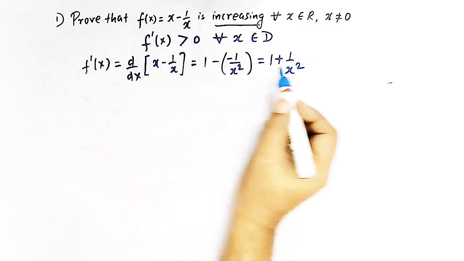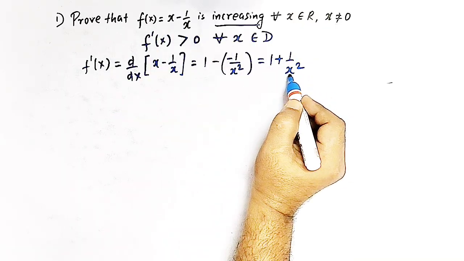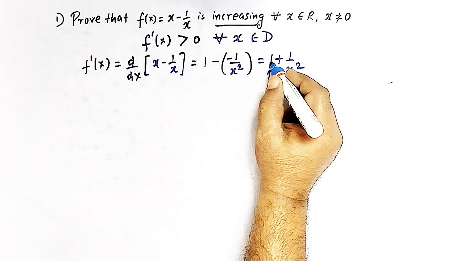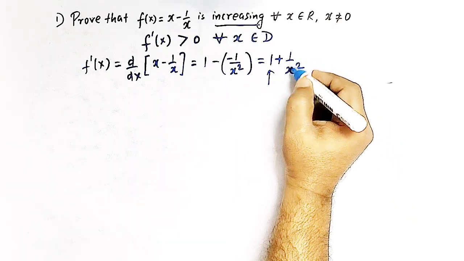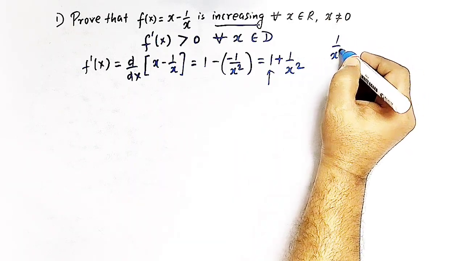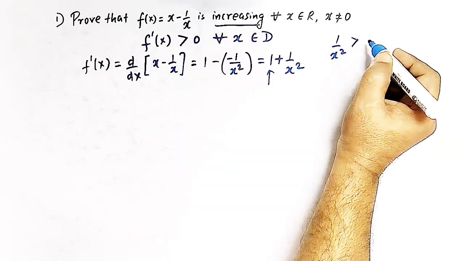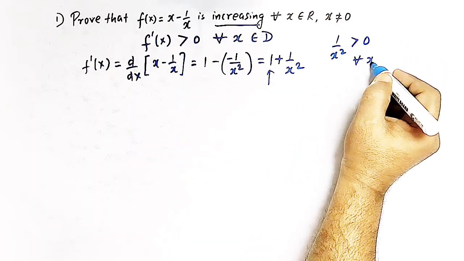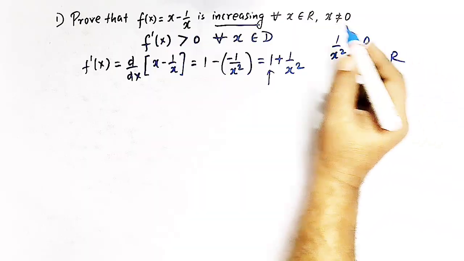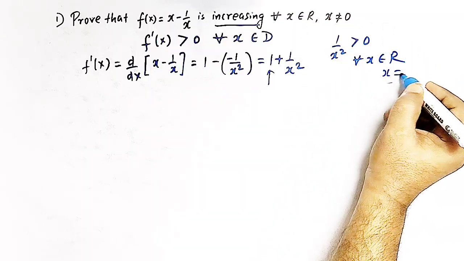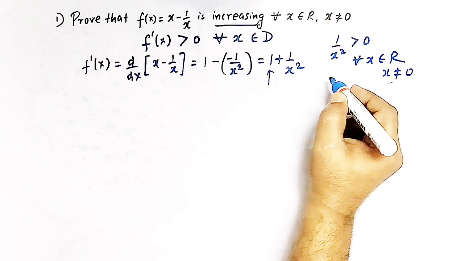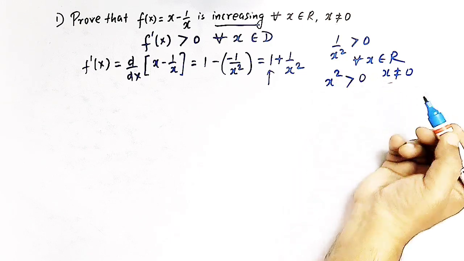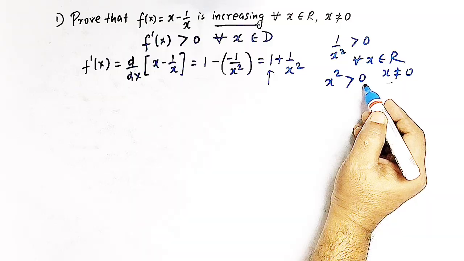So the derivative of this function is 1 plus 1 over x square, right? So here we see that 1 is positive, and this term, that is 1 over x square, is always going to be greater than 0 for all x belonging to R, where x is not equal to 0, because x square is always going to be greater than 0, right?